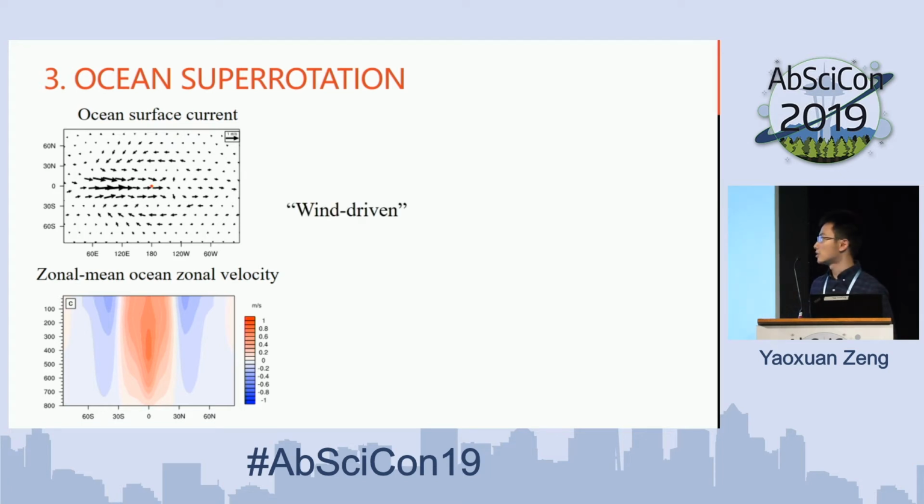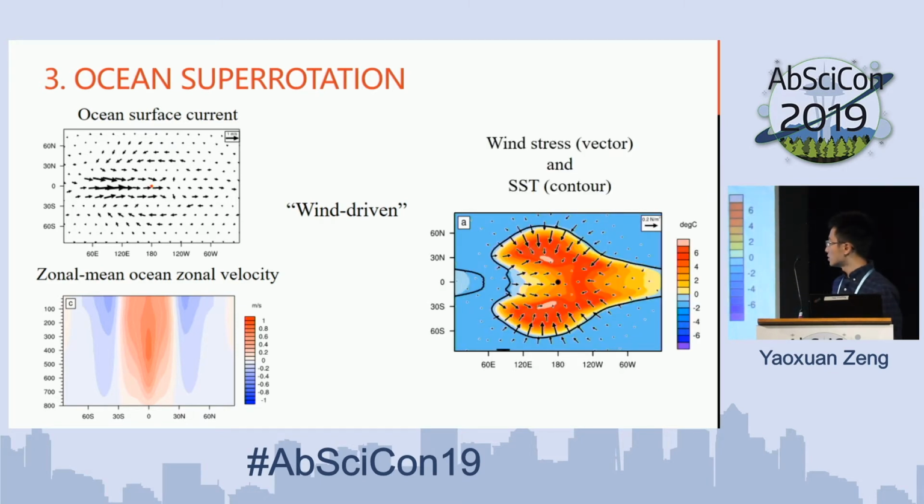So we want to figure out what makes this superrotation. Because the ocean current is mainly wind-driven, we want to have a look at the wind stress. The wind stress is shown here. It converges to the substellar point, as well as two hot spots due to the ocean heat transport. We can also notice that the wind stress on the west side is stronger than on the east side.